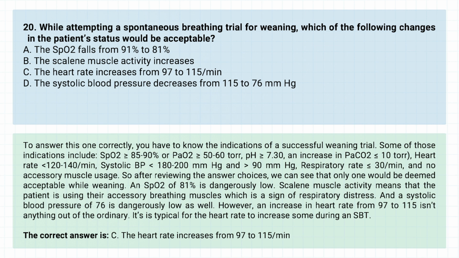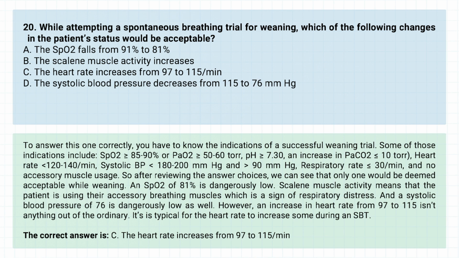Some of those indications include SpO₂ greater than or equal to 85 to 90%, or a PaO₂ greater than or equal to 50 to 60 torr, pH greater than or equal to 7.30, an increase in PaCO₂ by less than 10 torr, a heart rate less than 120 to 140 breaths per minute, a systolic blood pressure less than 180 to 200 and greater than 90, a respiratory rate less than or equal to 30 breaths per minute, and no accessory muscle usage.